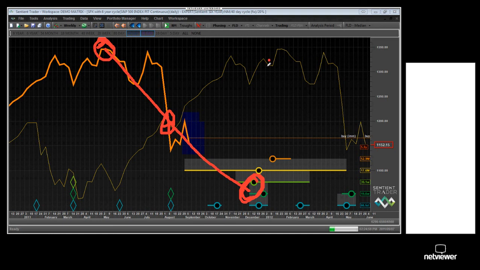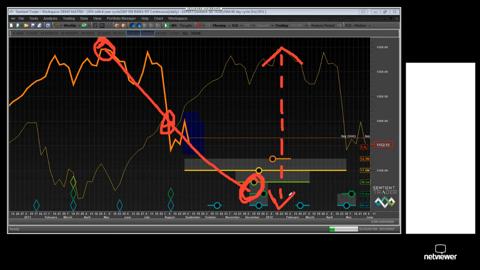Anyway, then the third conclusion that we can draw at this point is that where the FLD peaks in the future, which is over here, is where we can expect there to be a trough of the 18-month cycle.